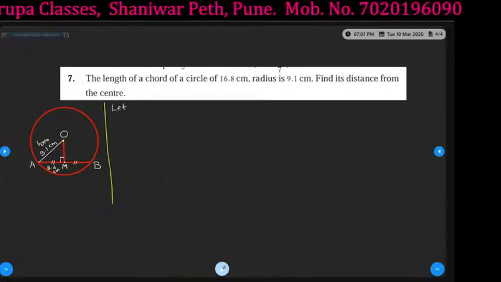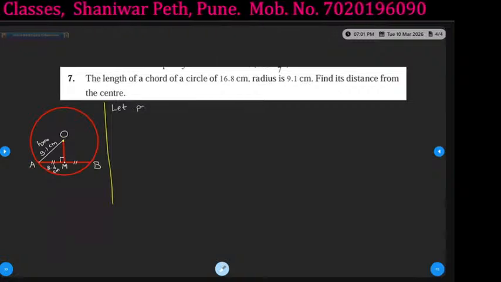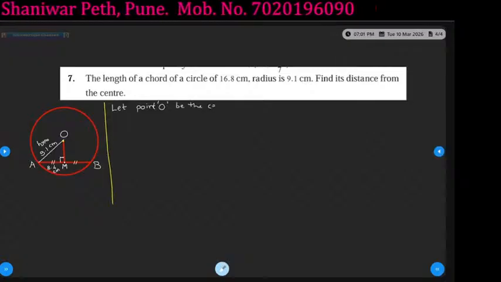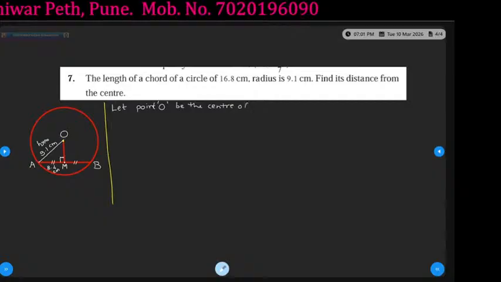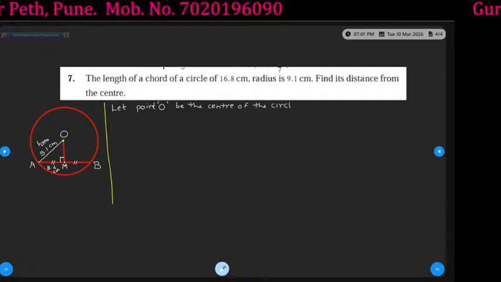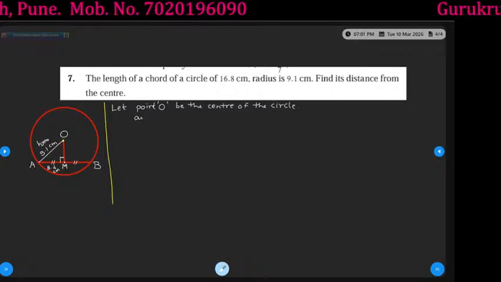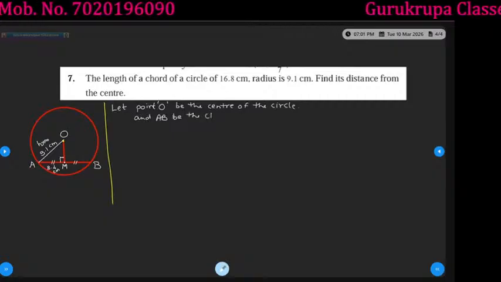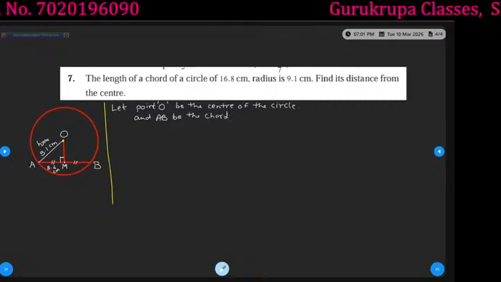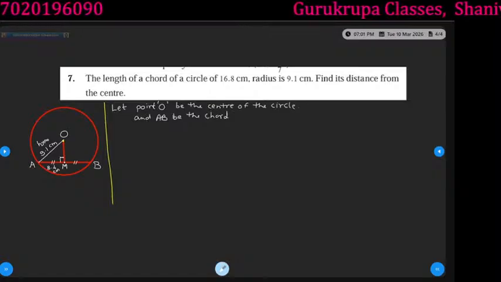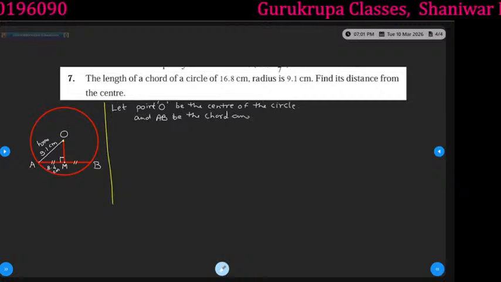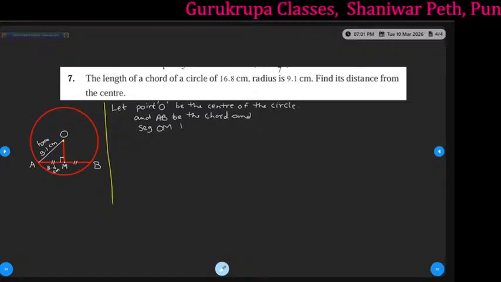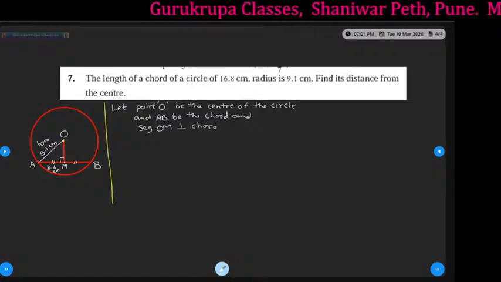Let point O be the center of the circle, and AB be the chord, and OM, which is the distance of the chord from center, perpendicular to the chord AB.